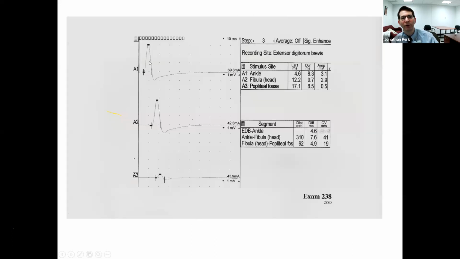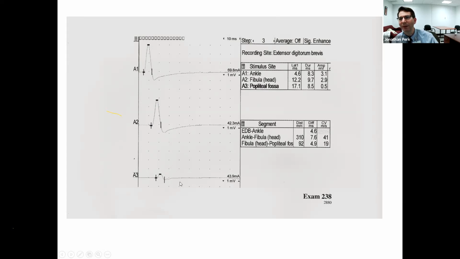So we see the first CMAP here, very nice, as we expect, close to the stimulation. The stimulation time point is here. Very nice CMAP. And then below the fibular head, we get the same response, more or less, just a little bit delayed. And then what happened here, per definition?